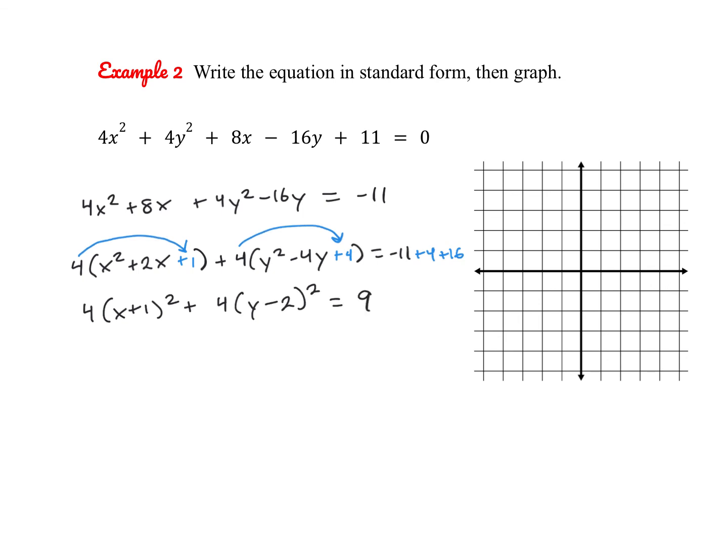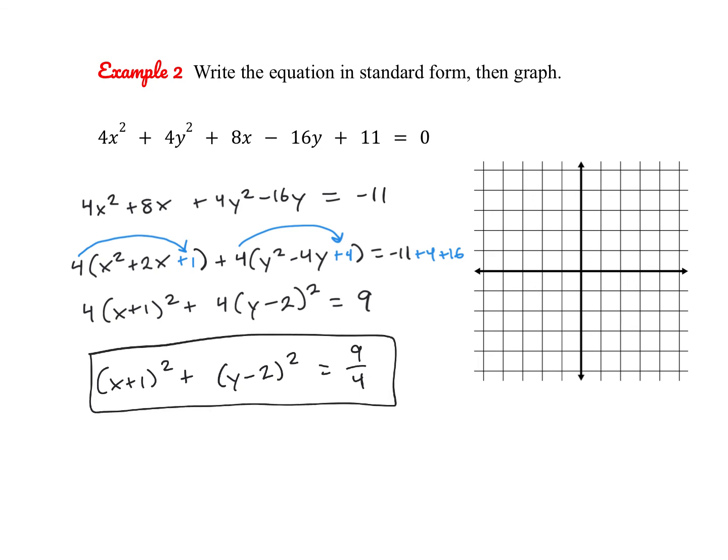Okay, so this is not quite in standard form because for a standard form, we shouldn't have any coefficients in front of our binomial squared. So we're actually going to divide both sides of our equation by 4. And then we should end up with this. So this is the standard form of our equation.